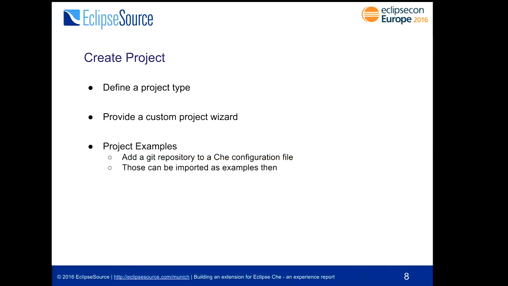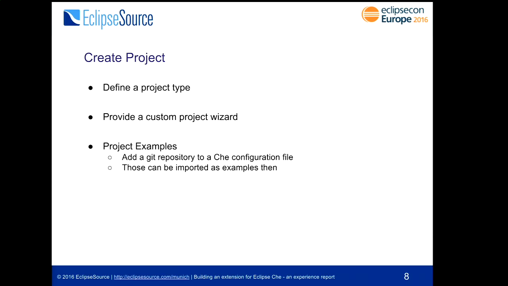There are actually two more things to add to that topic before we do a short live demonstration. So I've shown how to define a project type. You can also define a custom wizard if you want the users to enter some specific data related to your project. For that, you have to implement some GUI, and that can then be embedded in the standard wizard.